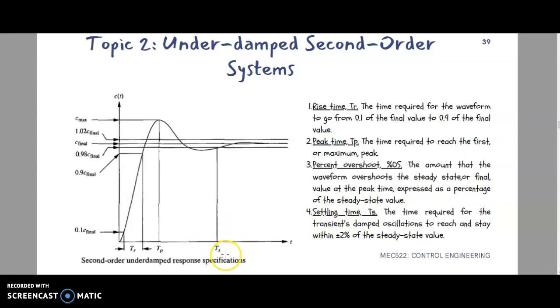Settling time is the time required for the transient oscillation to reach and stay within plus minus 2% of the steady state value. So plus minus of the final value, maybe something like 0.98 or 1.02. This we call the settling time.